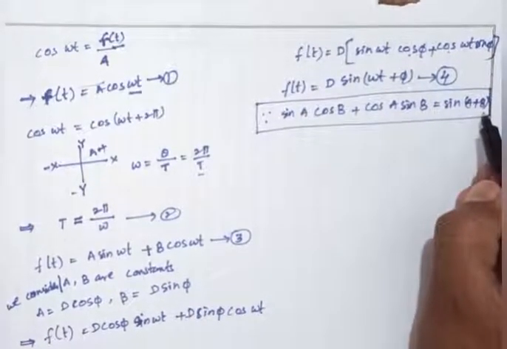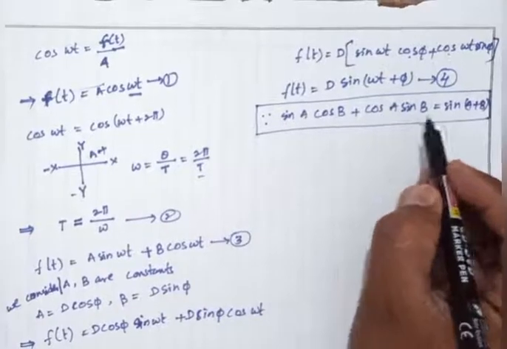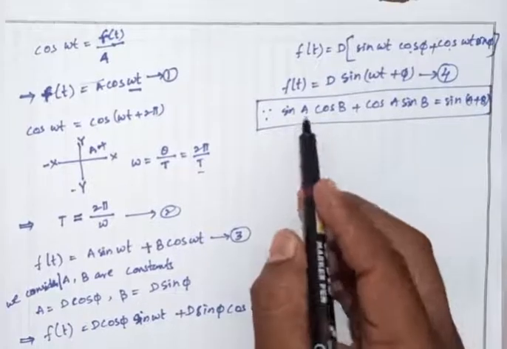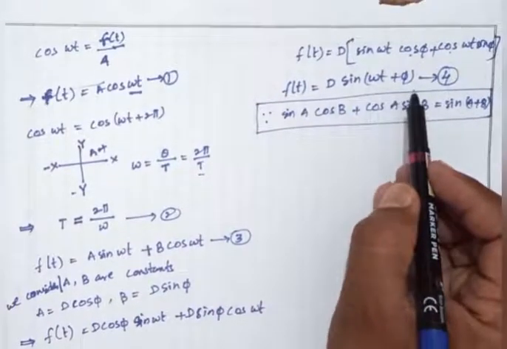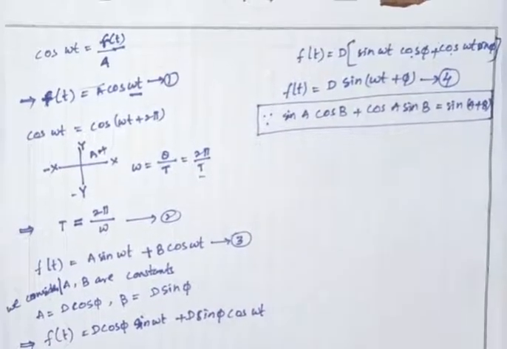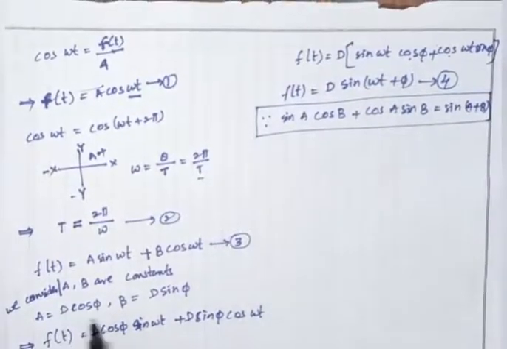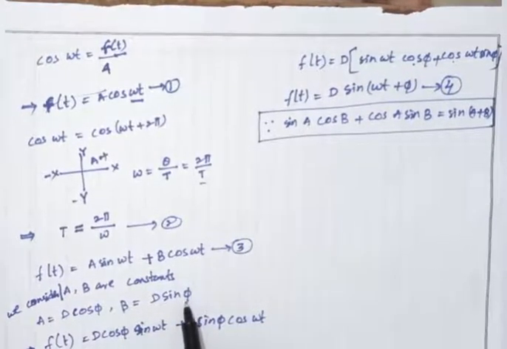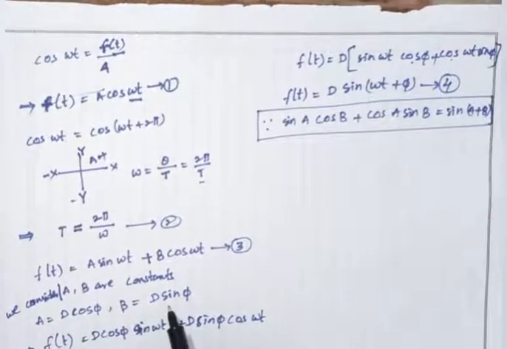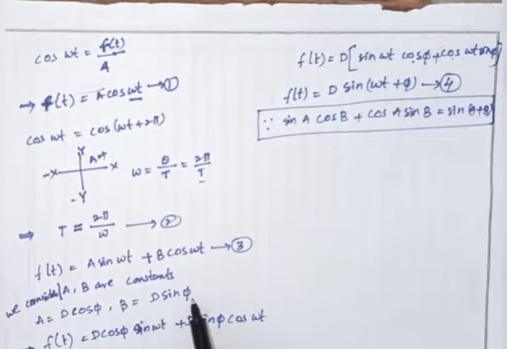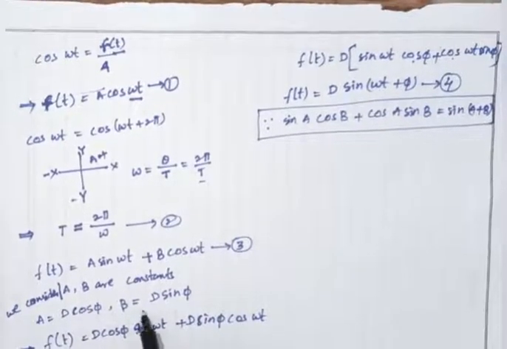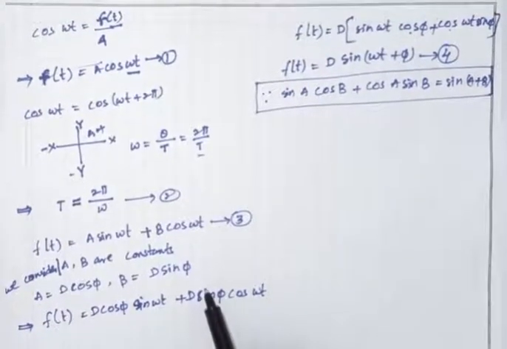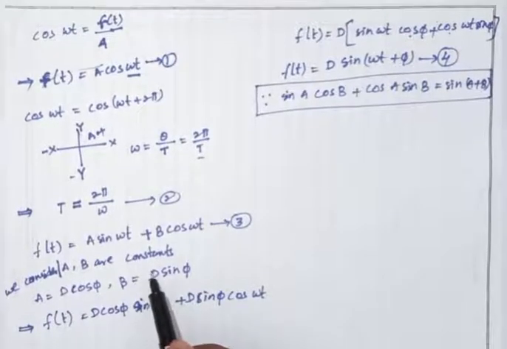So f of t equals d sin of omega t plus phi. The values a equals d cos phi, b equals d sin phi. Here a, b, d and phi are the constants.